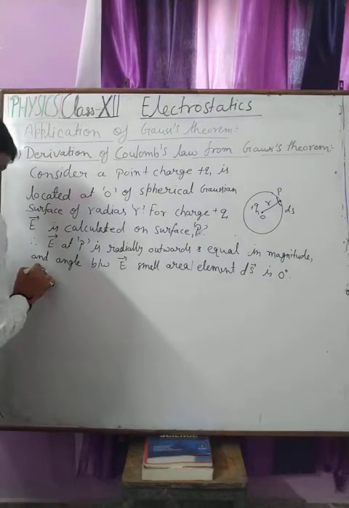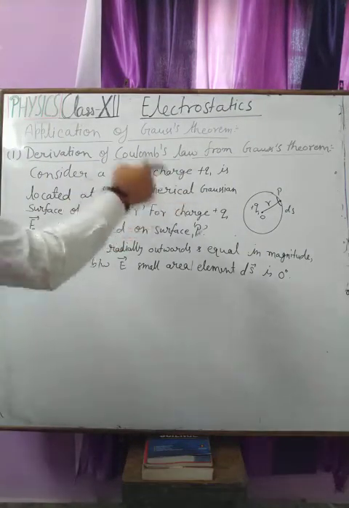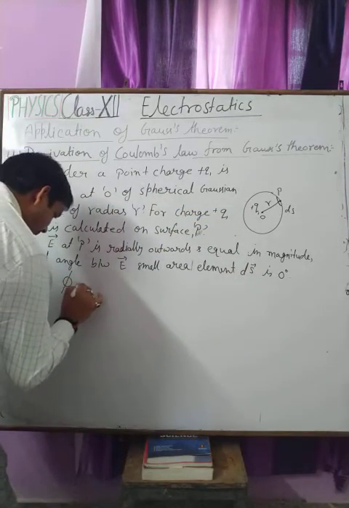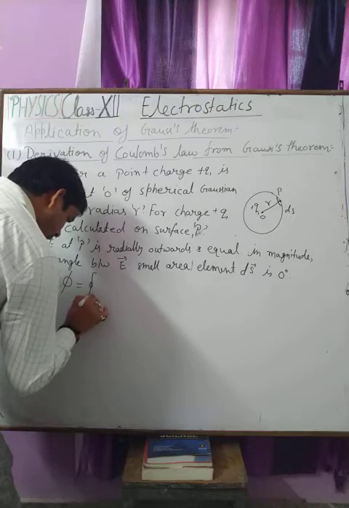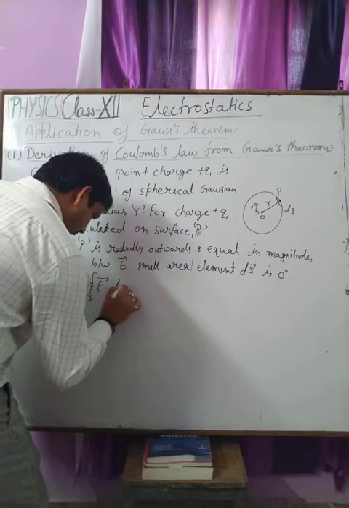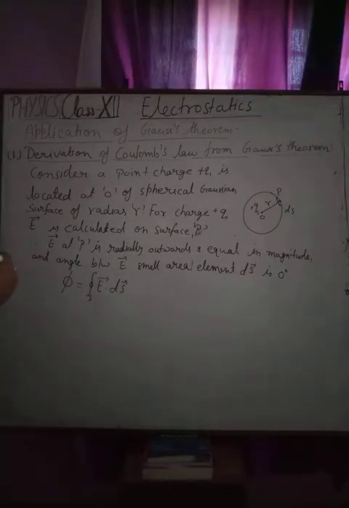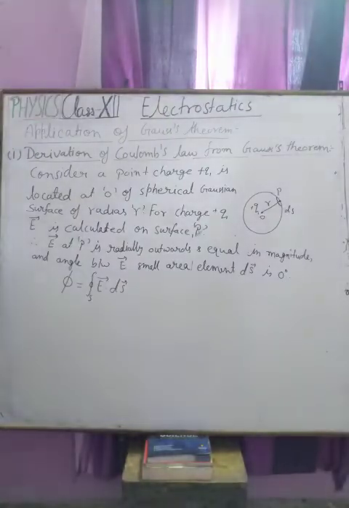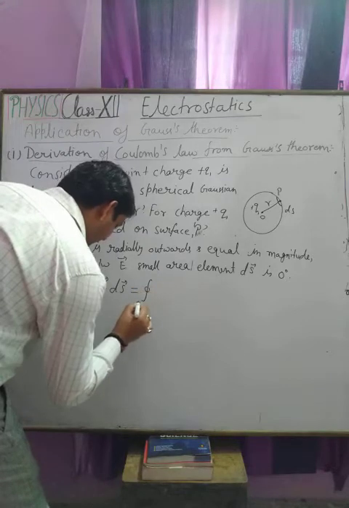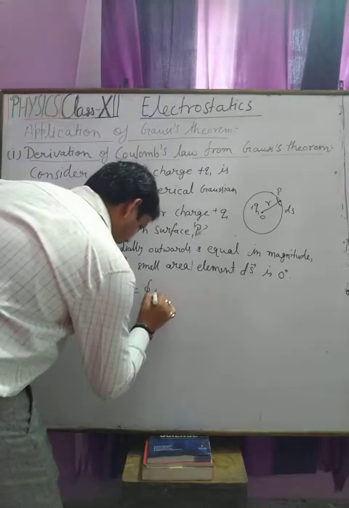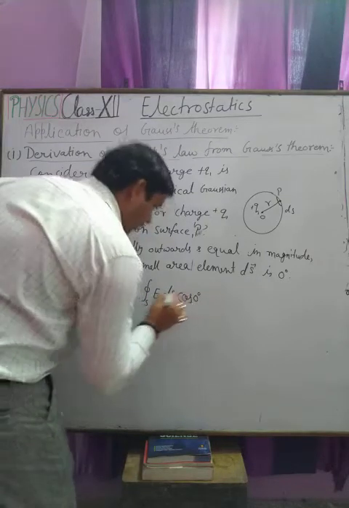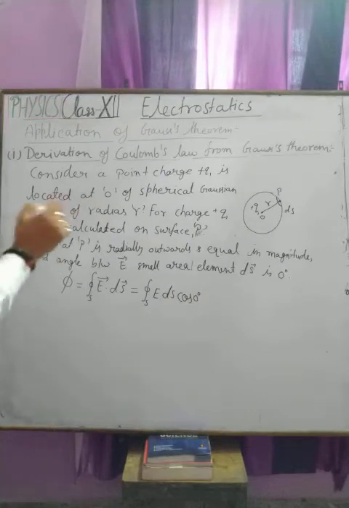Therefore, the electric flux passing through the surface φ is equal to the closed integral over the surface of vector E dot dS. On solving this, closed integral E dS cos 0 degree, and cos 0 degree is 1.